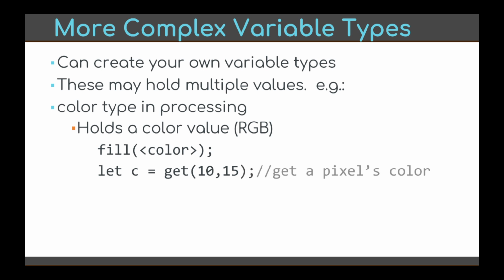So let's say you pull an image off the internet and you put that on your canvas. Now you can see what each individual pixel value of that image is. So we got a lot of power here. We can actually directly read and write to the canvas. You can get and put values on the canvas directly instead of using a circle or a square. You can individually manipulate pixels.